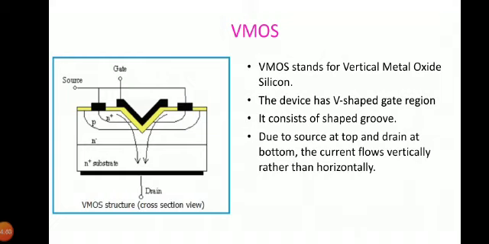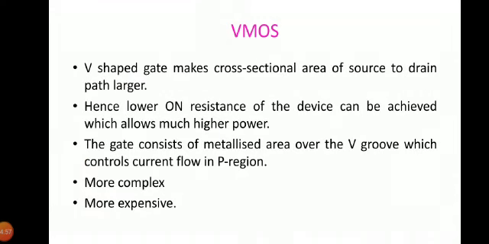The groove is then coated with silicon dioxide followed by the gate electrode. The vertical structure of VMOS allows the use of a low doped drain region which has high blocking voltage. And the main disadvantage of VMOS is that it is more complex and more expensive.